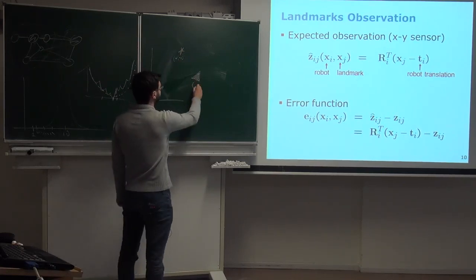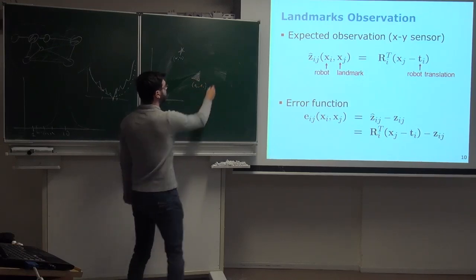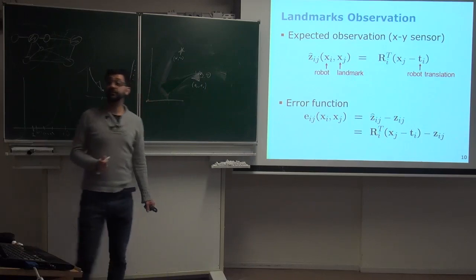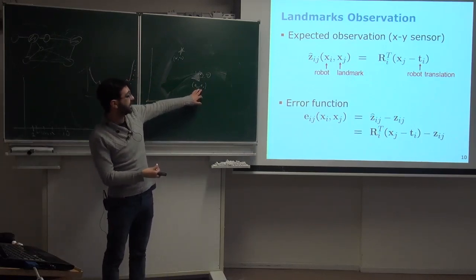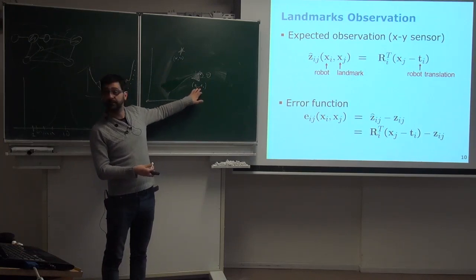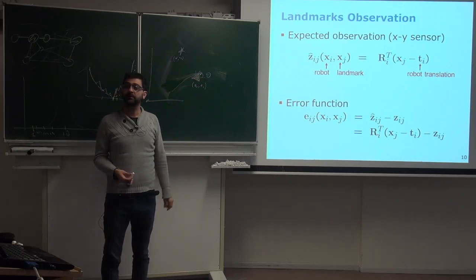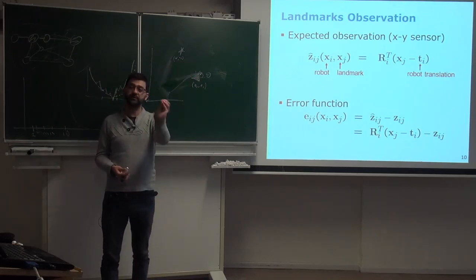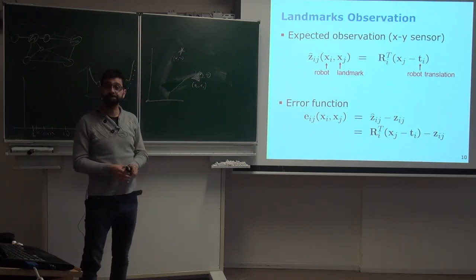The robot is at tx, ty, and then is rotated by theta. So the translation ti is this vector here, and the position of the landmark is the xy. So it's where the robot is in the world without the rotational part.